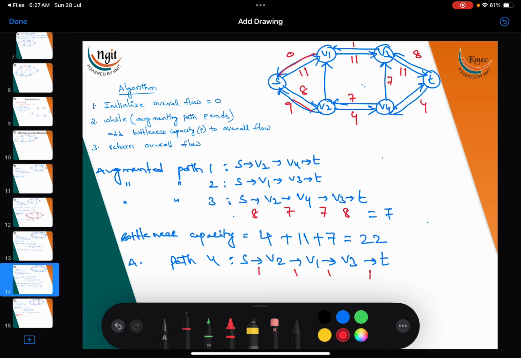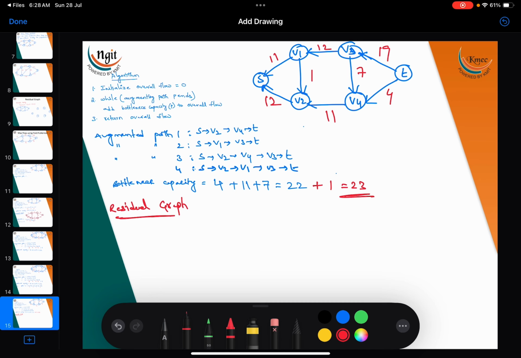So there is no augmenting path from source. As you did not find any path from the S point, no augmenting path is generated. So finally, the augmenting path value is none. That means this condition will fail, and hence the overall flow will be returned. The maximum flow of this graph is 23.